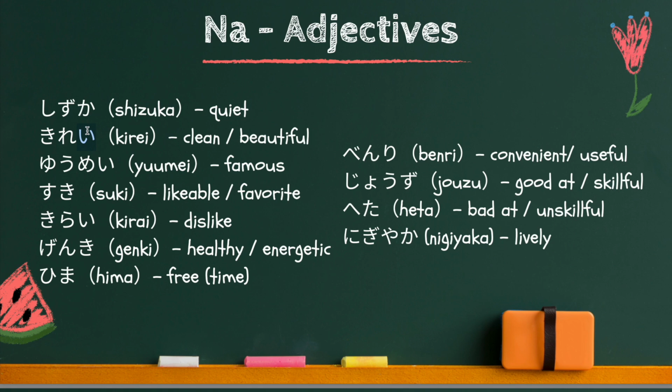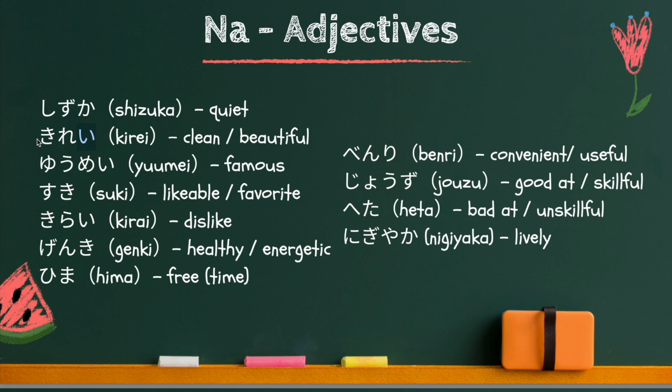So it can be confusing, but most of the time na-adjectives end in letters other than i. So ka, ki, ma, ri, zu, and so on. There are many variations, but you need to remember that there are some na-adjectives that end in i.